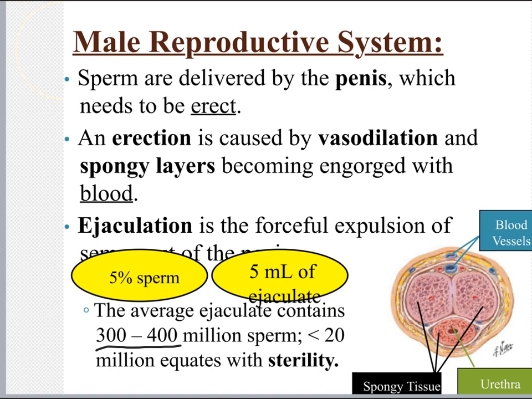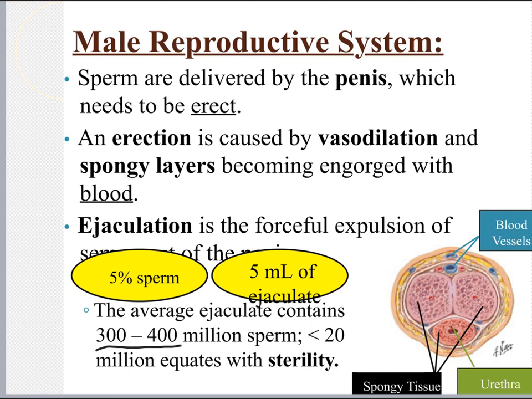Now, I think we've talked about this in class before, but if you guys don't remember, out of those 300 to 400 million sperm, only about 50 actually make it to an egg, okay? That's almost nothing. So 300 to 400 million, that's not 50 million that make it to the egg. It's just about 50, okay?